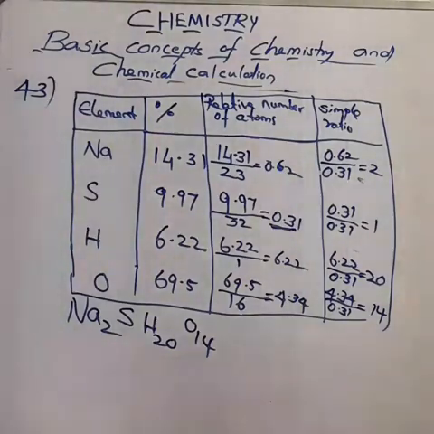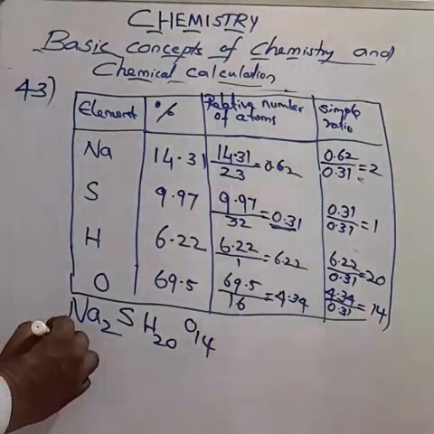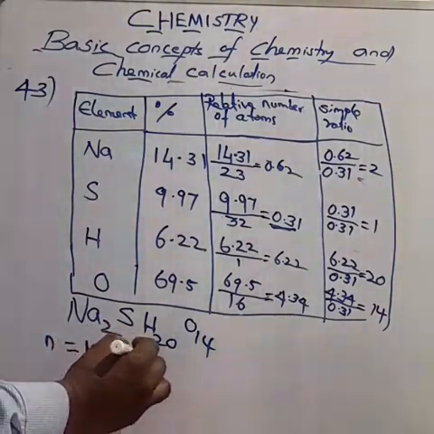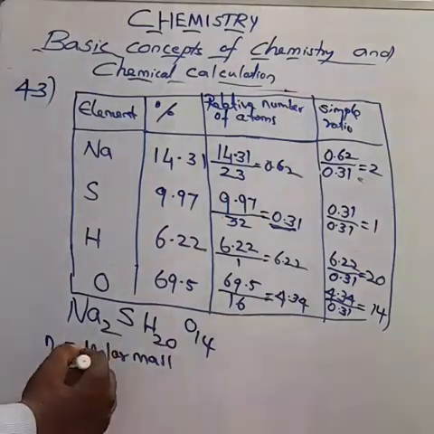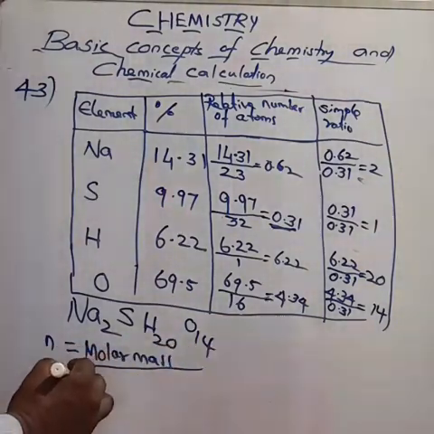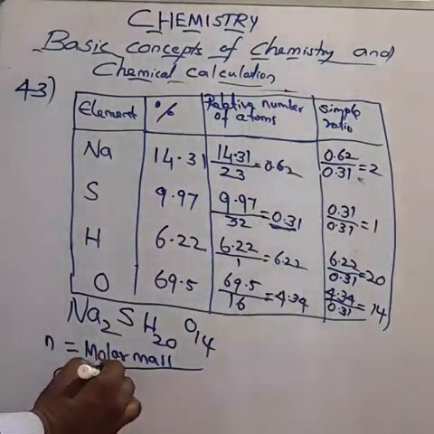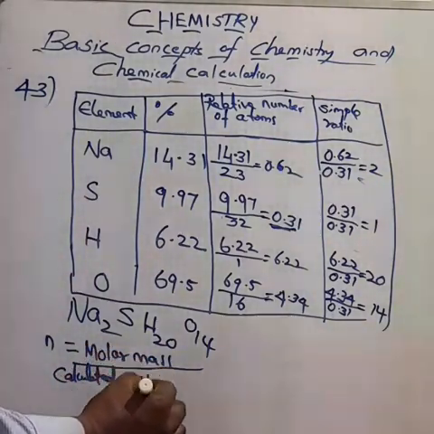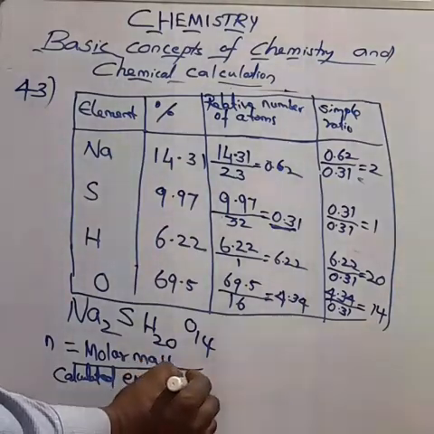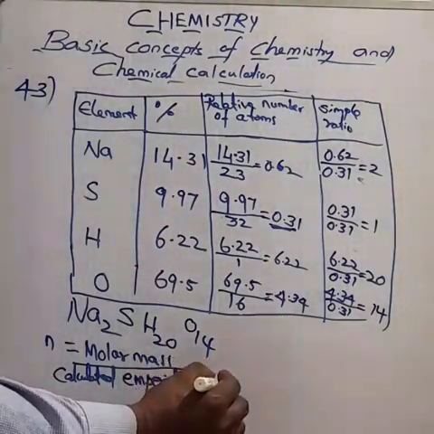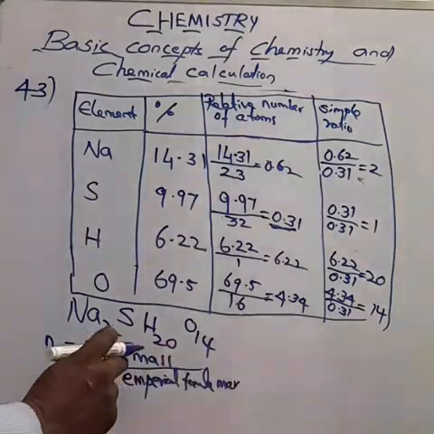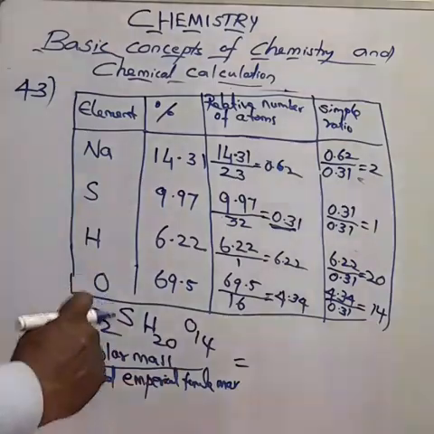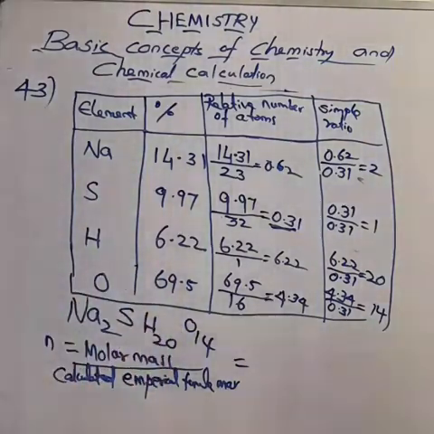So the empirical formula is represented here. N is equal to molar mass divided by calculated empirical formula mass. Molar mass divided by calculated empirical formula mass, that is equal to N. The molar mass of the entire compound is already given, that is 322.